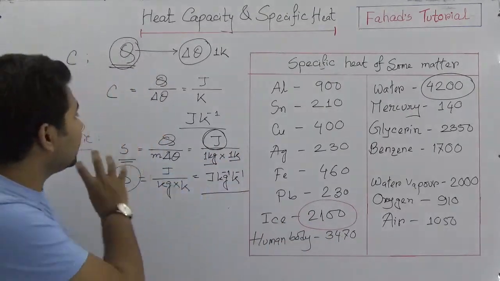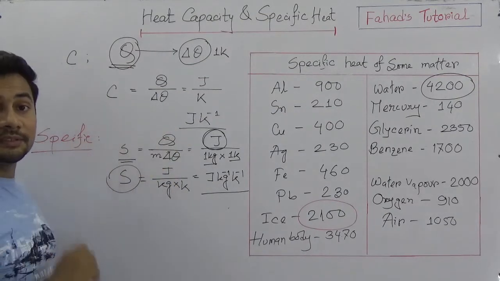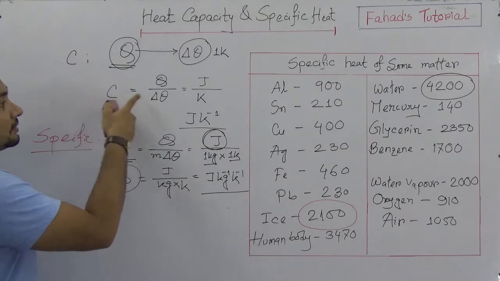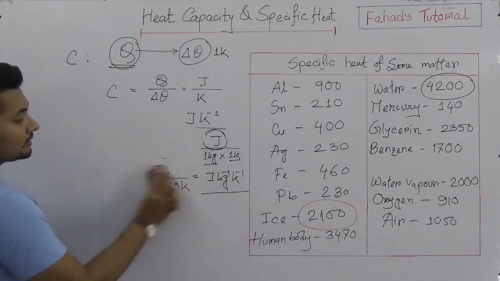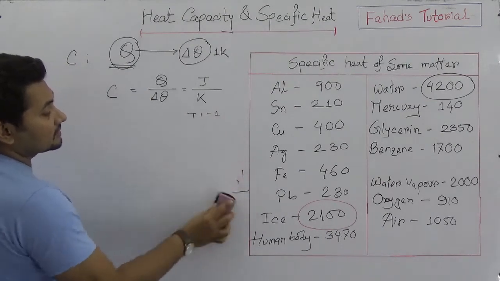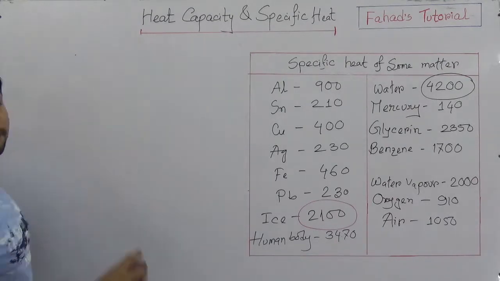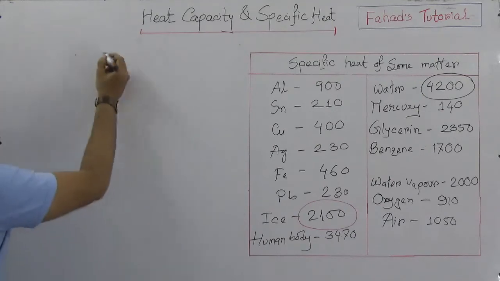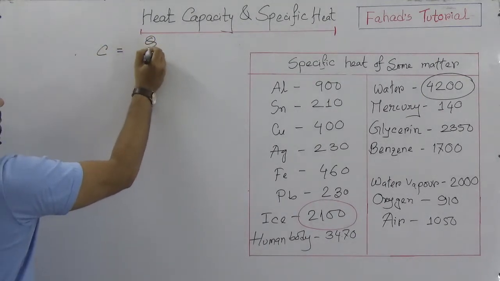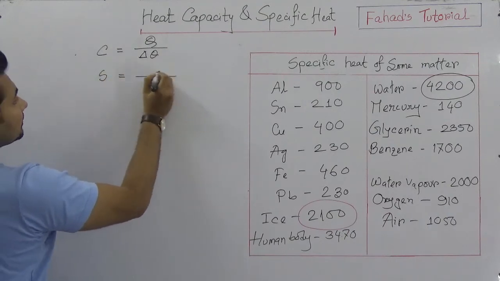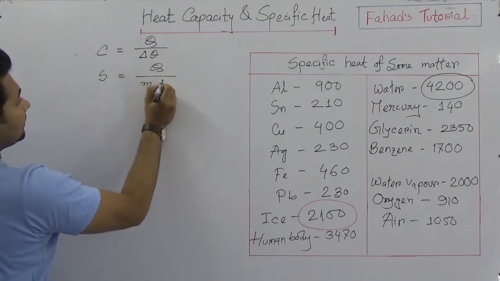Now think about what the relation is between these. In this relationship we can say that C equals Q by del theta. We said previously that C equals Q by del theta, and now we are saying that S equals Q by M del theta.